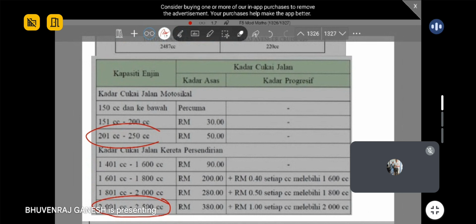Usually in paper 1. Okay, bila dapat, tolong share jawapan Ahmad Hafiz.